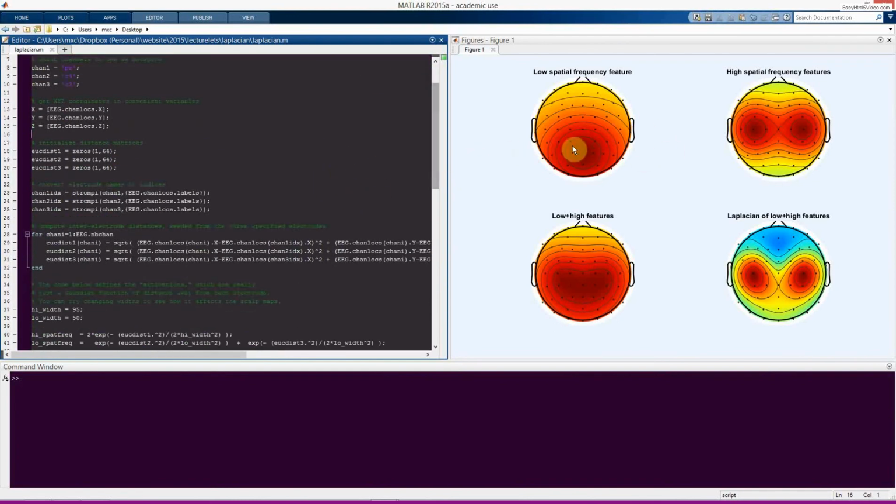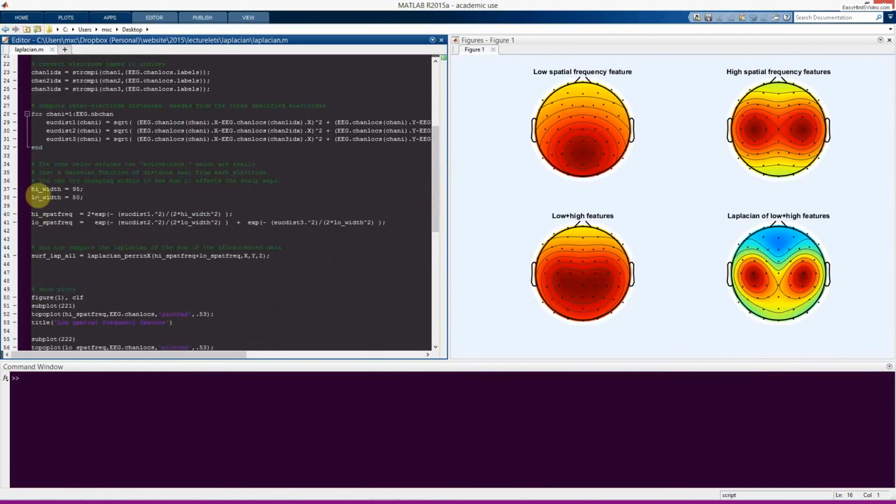This is not a very sophisticated EEG simulation. I'm not really simulating any sort of temporal dynamics or anything. All I do is define Gaussians based on inter-electrode distances from each of these seed electrodes. If you look at lines 37 and 38, you can change the width of the filters to see how that affects the results.